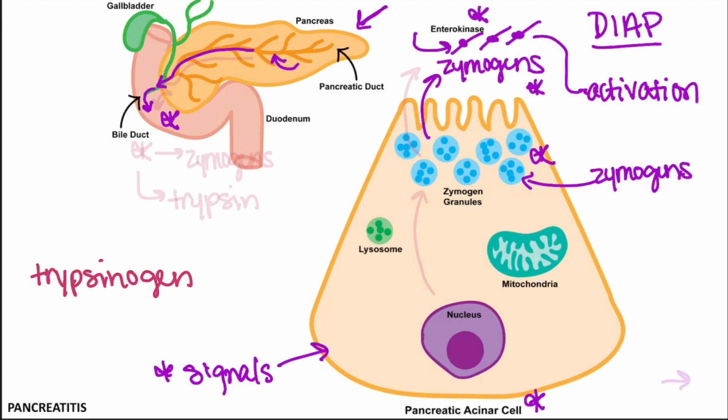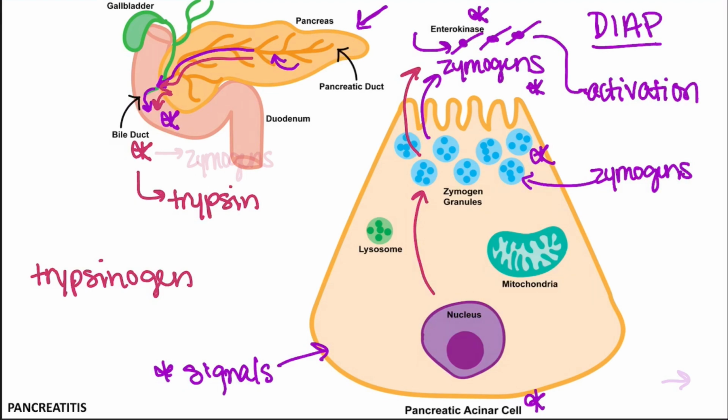So in the acinar cells, trypsinogen is packaged after synthesis into granules. It is secreted from the acinar cell to then travel down the pancreatic duct to then enter into the small intestine, interact with enterokinase to become activated, and its activated form is trypsin.